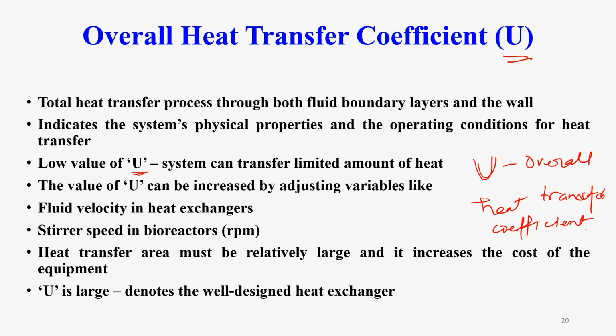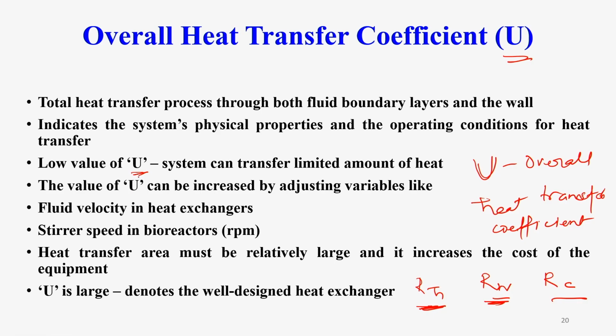And what are the three resistances? One is coming from RH, the other is coming from RC, and in between there will be RW. So this is convection, and this is conduction.